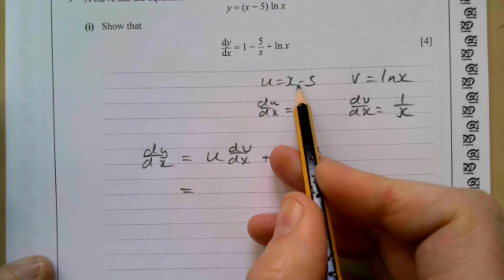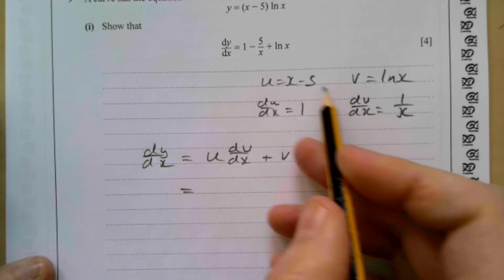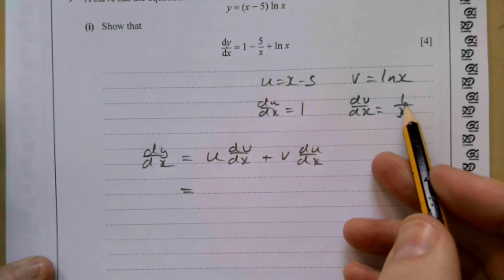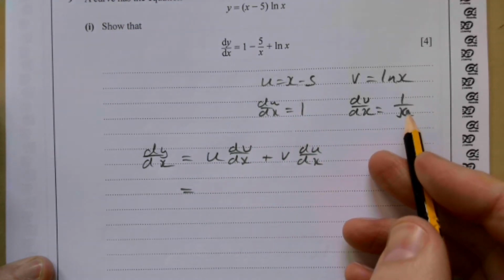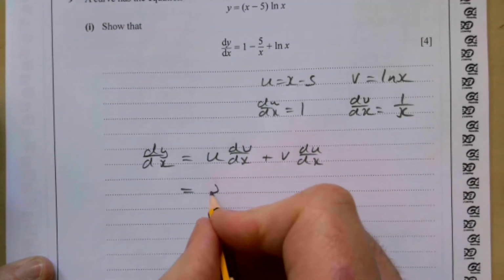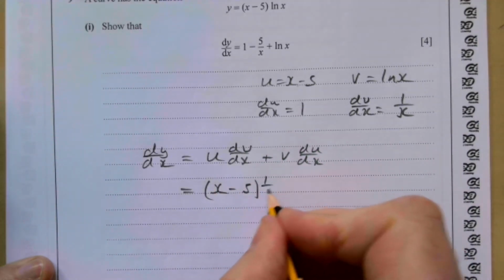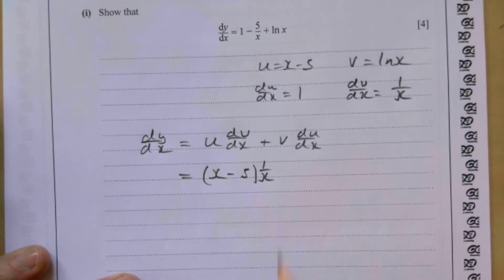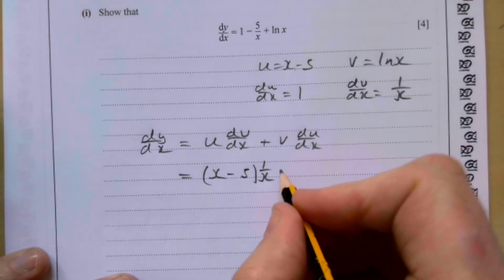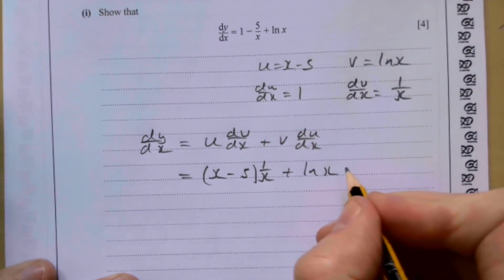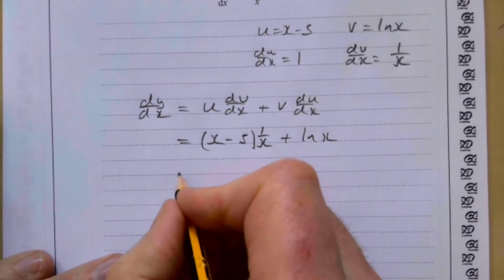So u dv by dx, this times this, is going to be x minus 5 times 1 over x, plus v du by dx, then plus ln x.